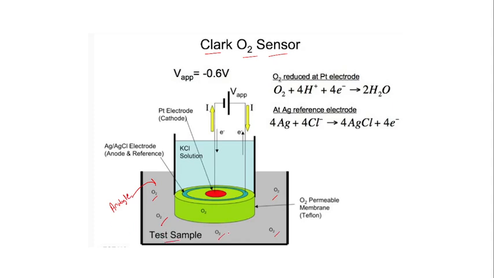Analyte and test sample are the same. This whole assembly is known as a Clark oxygen sensor. This assembly is dipped in water, or your analyte, where you need to measure the oxygen percentage.